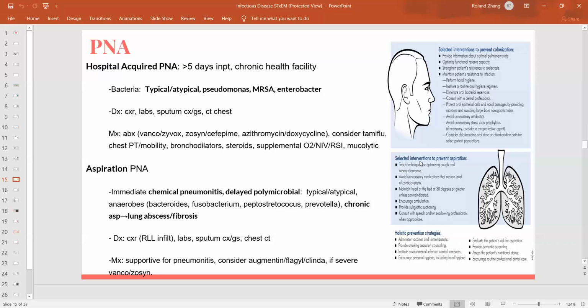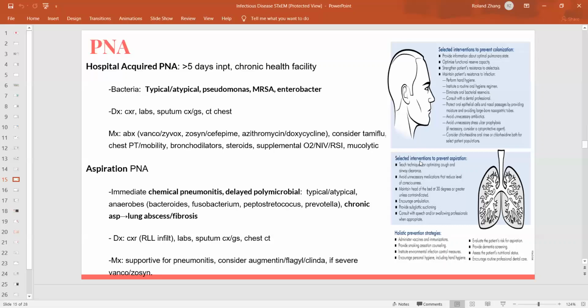And like 2 or 3 years ago, there was a new guideline from the Infectious Disease Society that says, even if they're coming from a healthcare facility or in the hospital, if it's not hospital acquired and they look well enough, you can just cover them with typical and atypical coverage and not have to worry about Pseudomonas and MRSA.